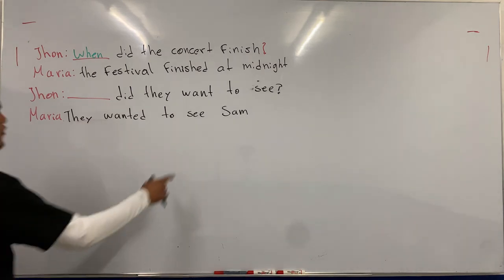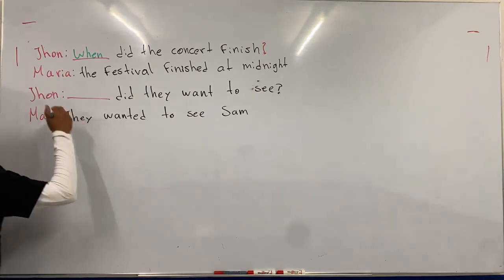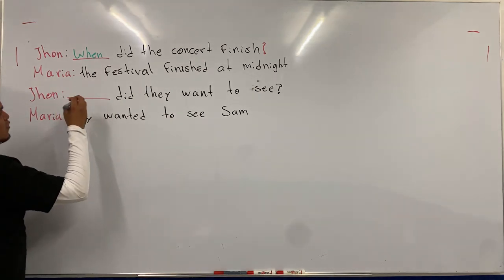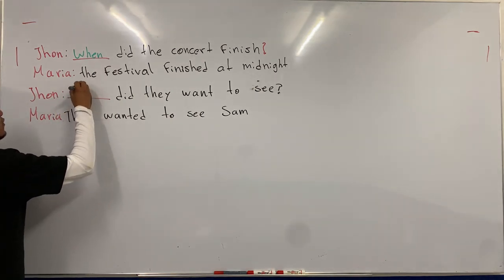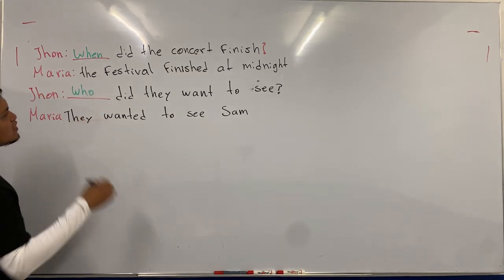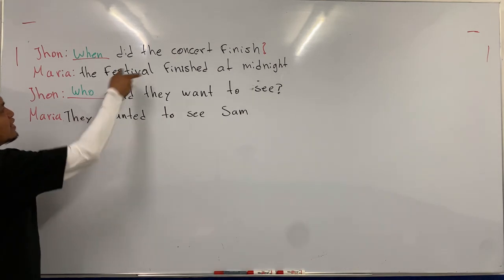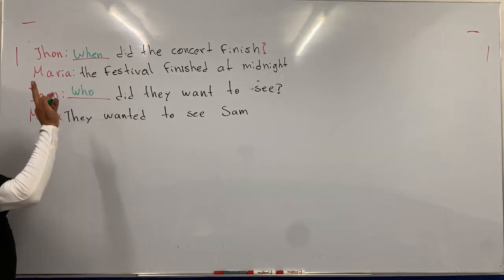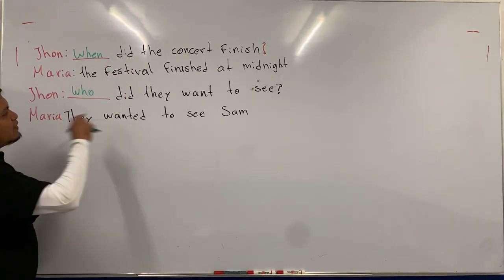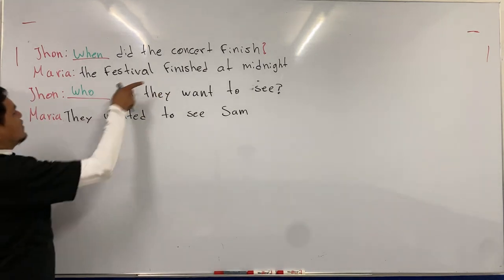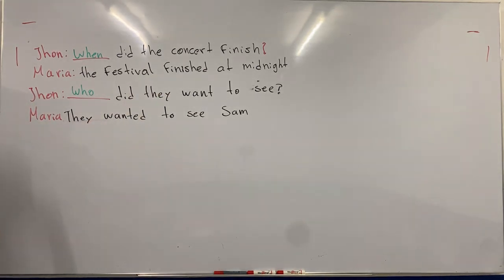In this case for person, what WH word would we use for person? Who? Who did they want to see? They weren't to see Sam. In this case, we use two regular verbs, right?